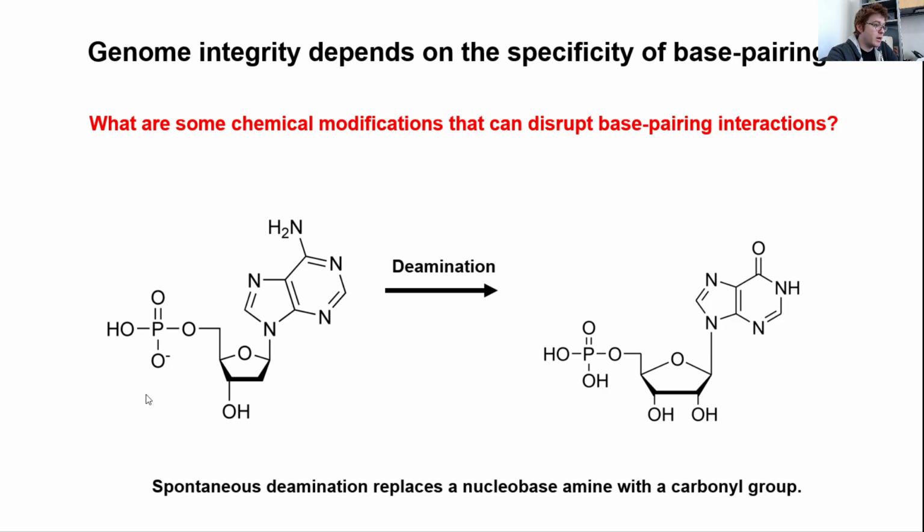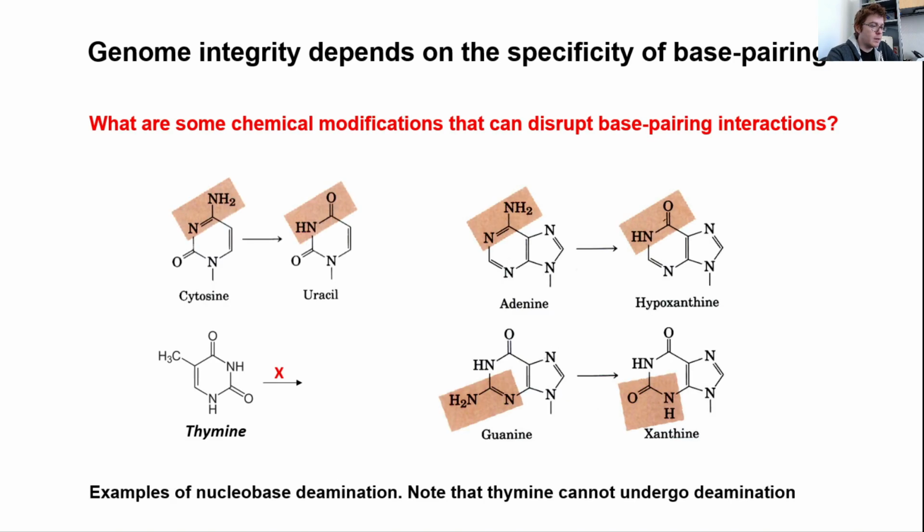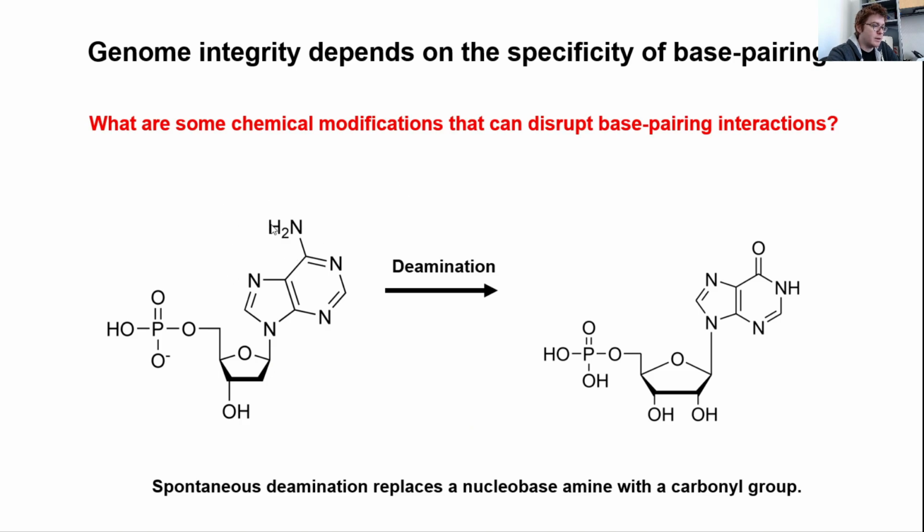And so here you have our adenine undergoing a process of deamination, where now the amine has been converted into a carbonyl group here. And as before, you will notice that we have changed the situation from having hydrogen bond donor acceptor at these positions here to now being acceptor donor.